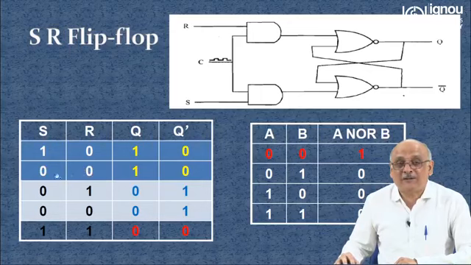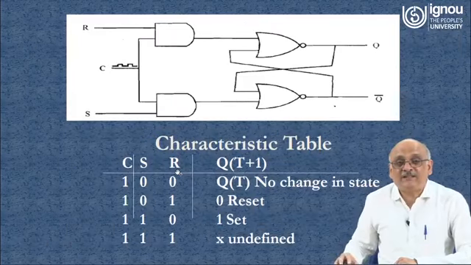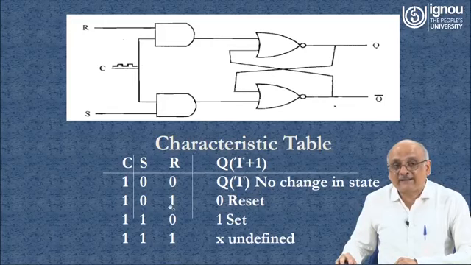When it goes back to 0 0, there is no change in state. So Q will stay at 1, Q dash will stay at 0, and this is what we find. So there will be a change in state when the clock pulse occurs and the set input is changed to 1. The flip-flop goes to the set state.